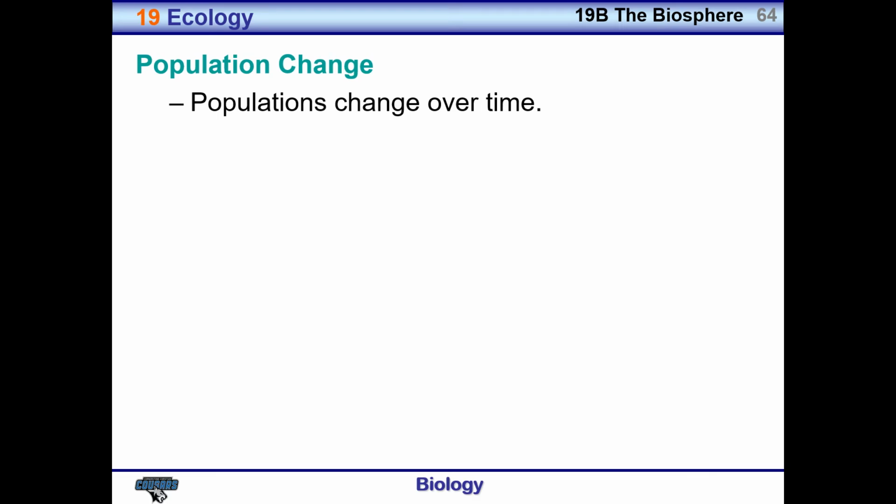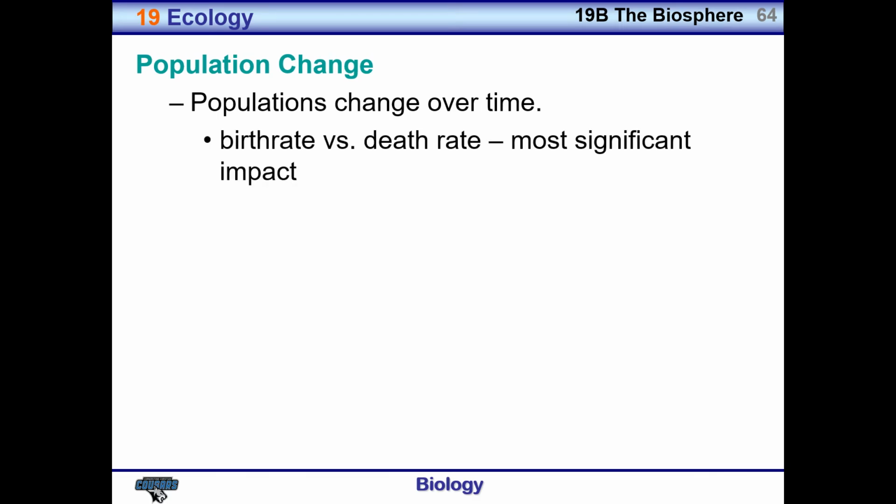Now, populations can change over time. In nature, populations rarely are static, which means they don't stay the same. They're either growing in numbers or decreasing in numbers. Birth rate versus death rate are the most significant factors that affect this. If the birth rate exceeds the death rate, then the population will increase. If the death rate exceeds the birth rate, then the population will decrease.